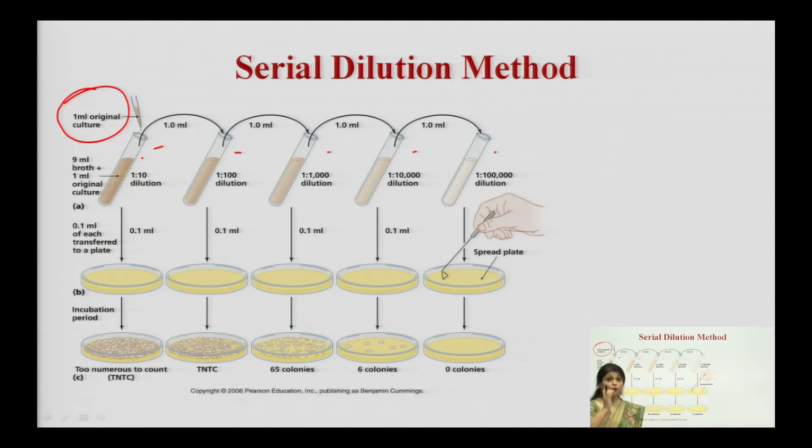Now, how much dilution have we done? We have diluted our 1 ml sample to 10 ml. That means 9 ml was already there, we added 1 ml and we got a 1:10 dilution, meaning we have diluted our culture 10 times.